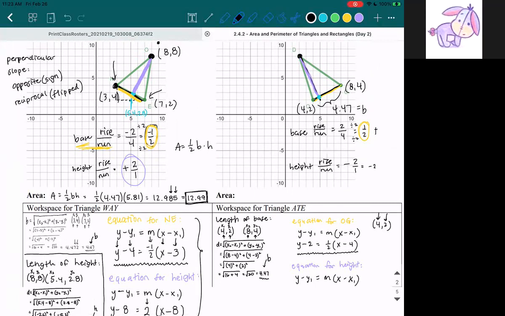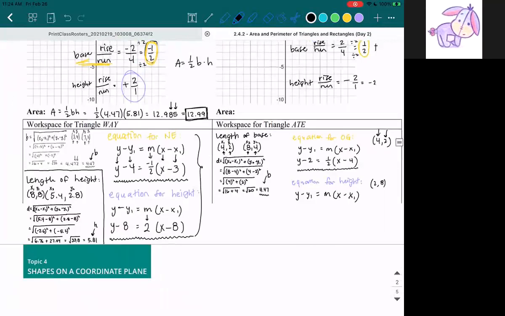Okay, and then what point can we use? Well, there's only one point that we know on this height line, which is D. So that looks to be (2, 8). Yes. Okay, so I'm going to write it out, (2, 8).